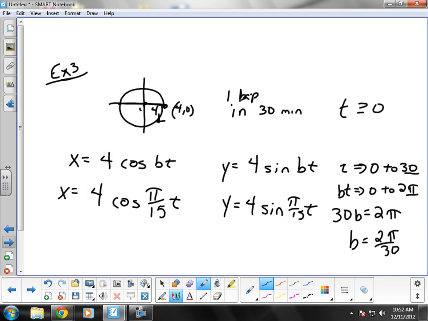You should always check to make sure that you get one complete circuit. And your t's need to go from 0 to 30 for this to work. So you'll need to go into your window to make sure that your t's go from 0 to 30.